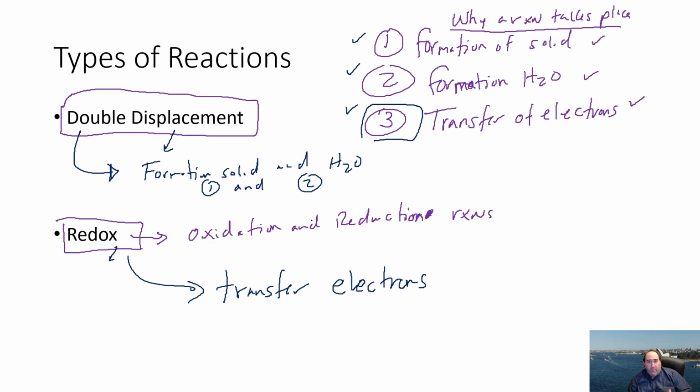It really does boil down to these three things. Either you made a solid, either you made water, or you have some electrons being transferred. Those are pretty much the big three in terms of reasons why a reaction takes place. So you want to keep that in mind as we go through these different classifications. And we'll point out as we go through them each of these things happening: the solid being formed, water being formed, electrons being transferred.